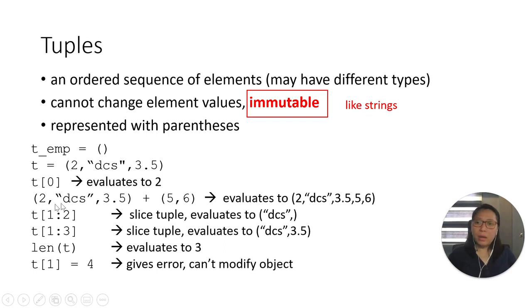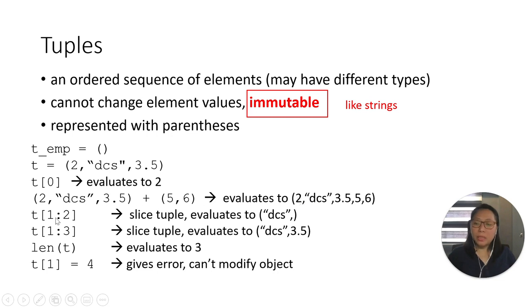And here, we can concatenate tuples using the plus operator. We concatenate the first tuple with this second tuple, and this evaluates to this tuple which has 5 elements. This new tuple is a new object in memory.